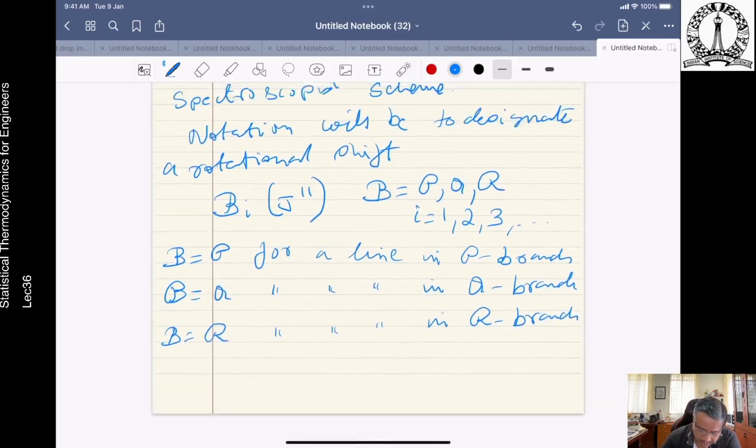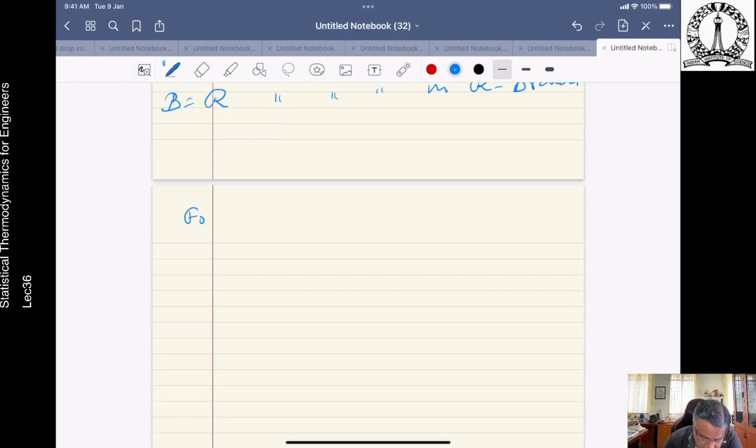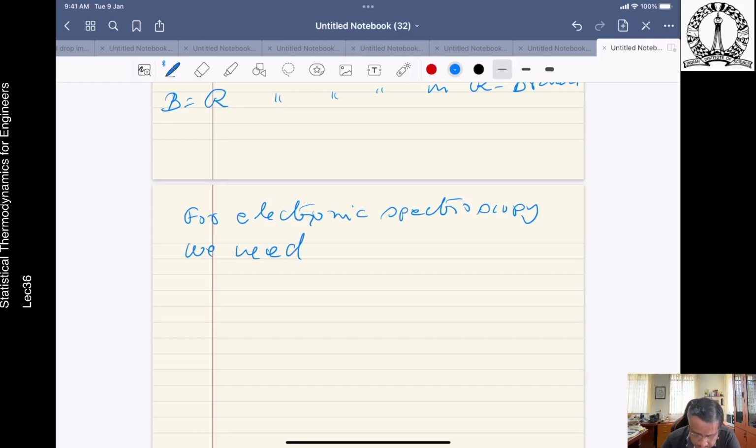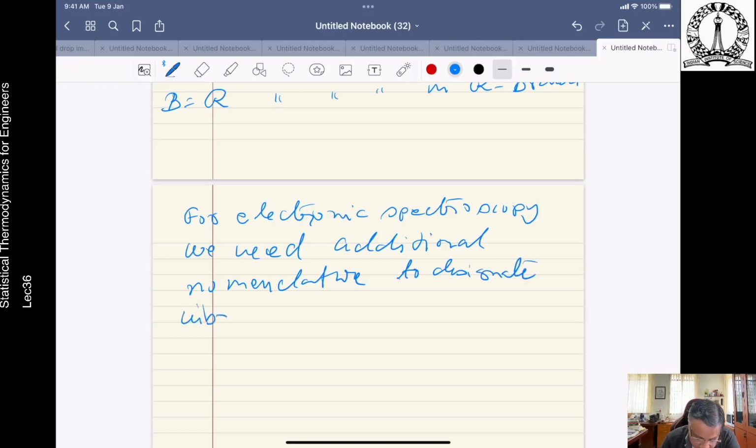For electronic spectroscopy, however, we need additional nomenclature to designate the vibrational and the electronic shifts. This is only for the rotational part that we just did.